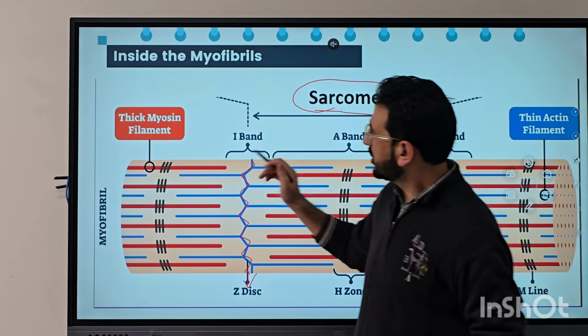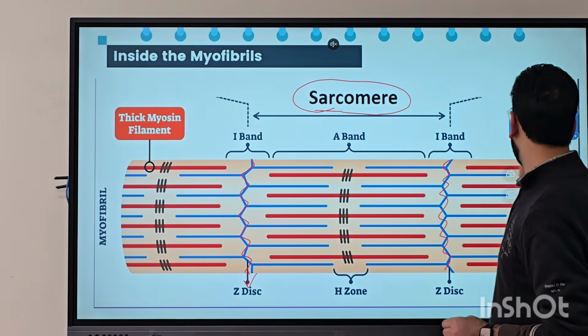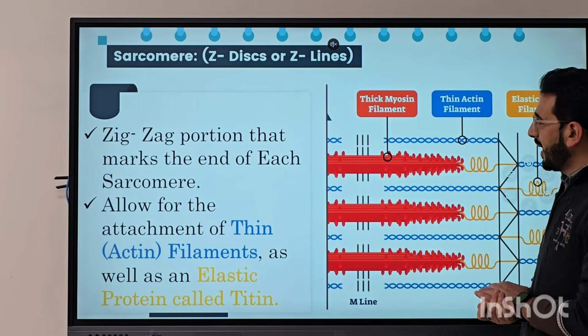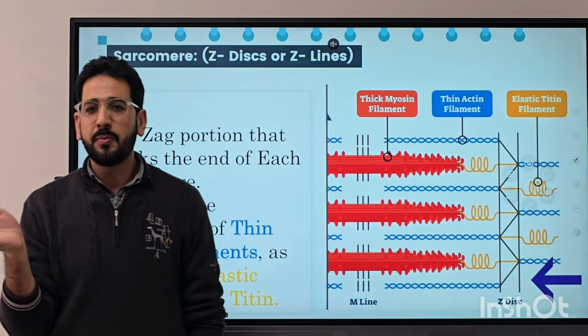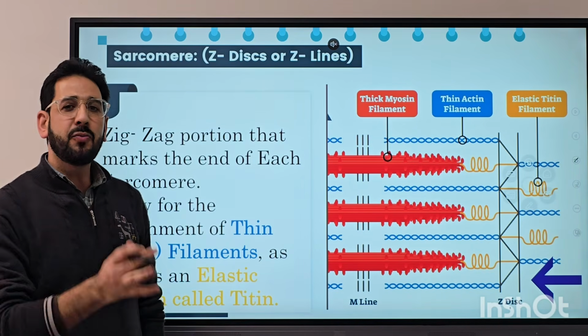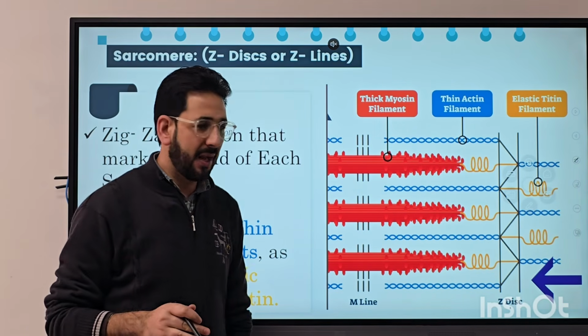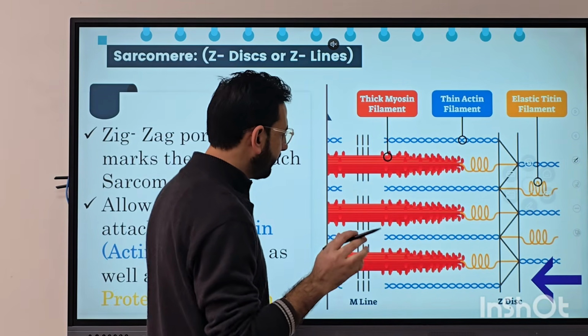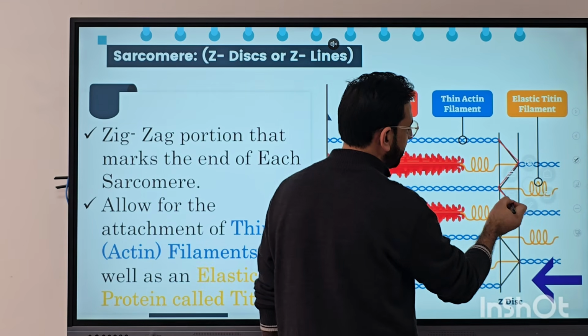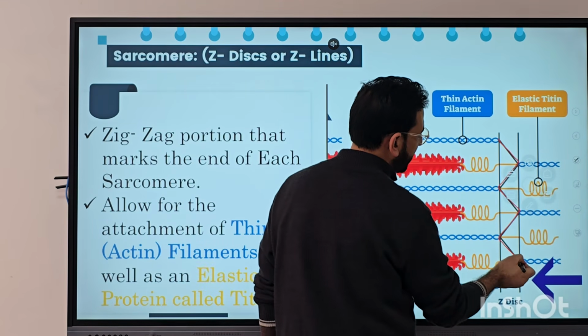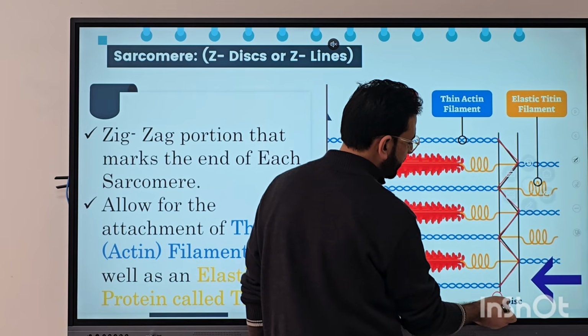Okay, now let's talk about the sarcomere in a little more detail. Inside the sarcomere, what did I tell you? It has a boundary on both sides, and that boundary is called the Z line or the Z disc. Actually, these names were given by German anatomists in the past. So this Z line has a German origin.